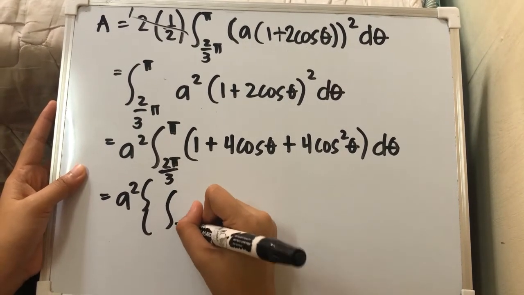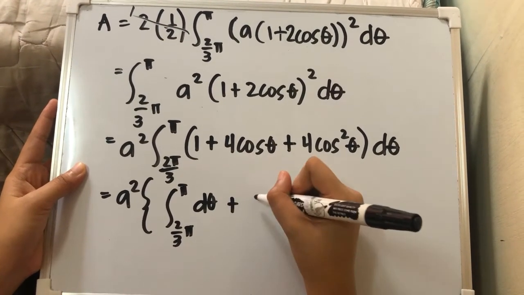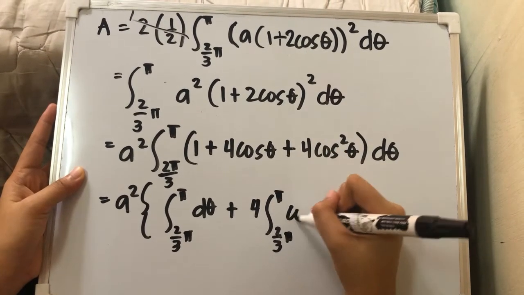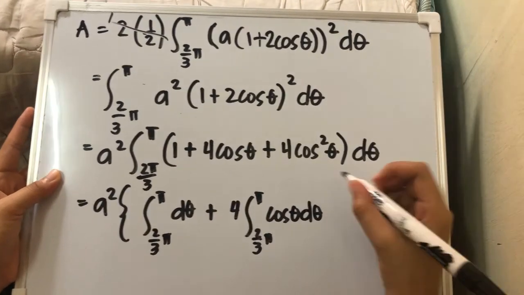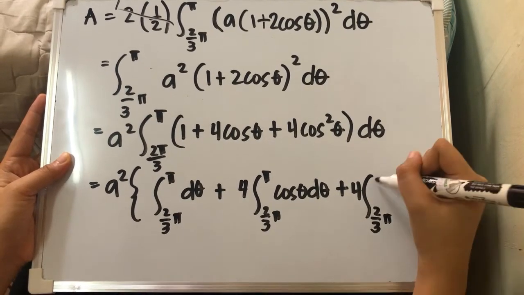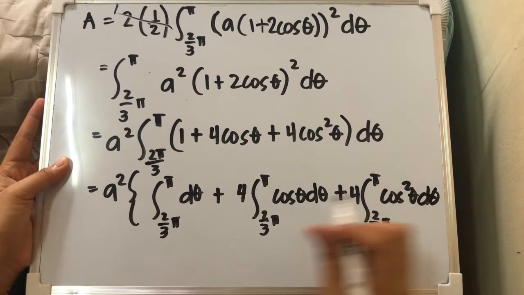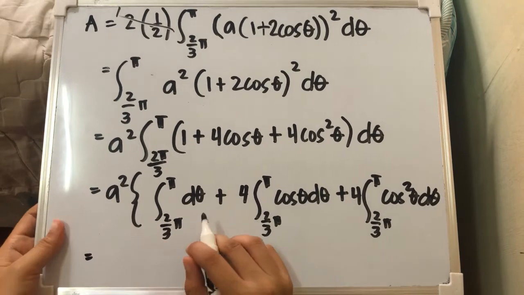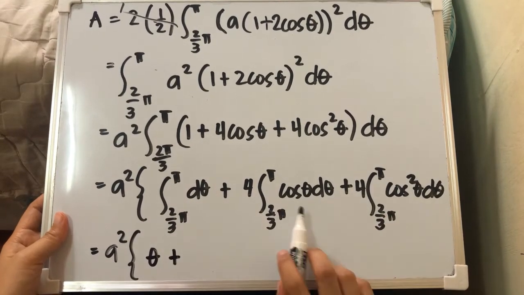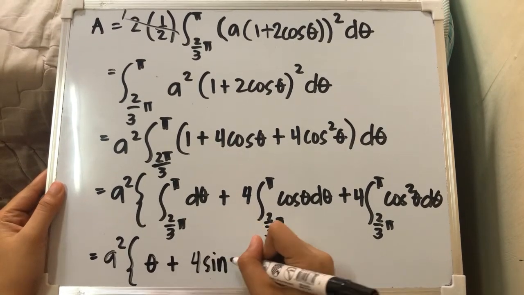integral from 2/3 pi to pi of d theta plus 4 integral from 2/3 pi to pi of cos theta d theta plus 4 integral from 2/3 pi to pi of cos squared theta d theta. Now, integrating this one, we have a squared theta plus the integral of cosine is positive sine, so we have 4 sine theta.